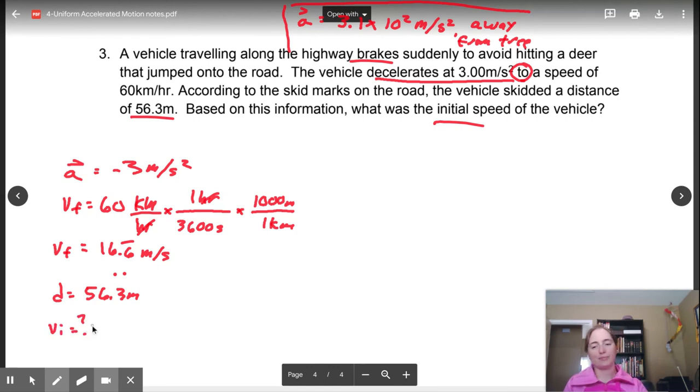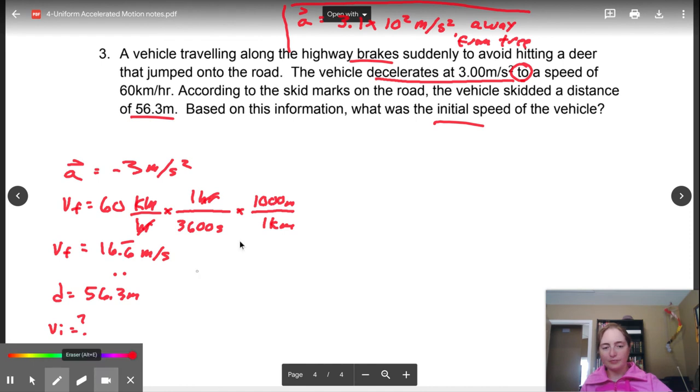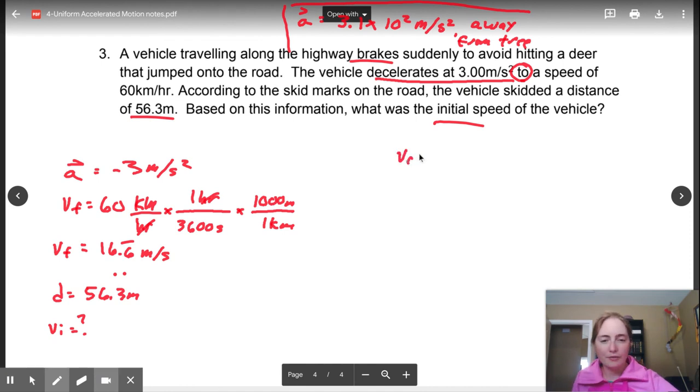Okay, let us begin. Let's look at the equation here. Let's see what we got. We have acceleration, VF, distance, and VI. When you look at your data sheet, the equation we've got is VF squared is equal to VI squared plus 2AD.